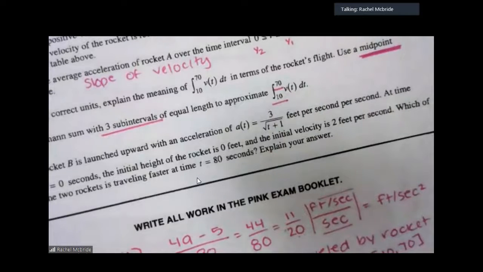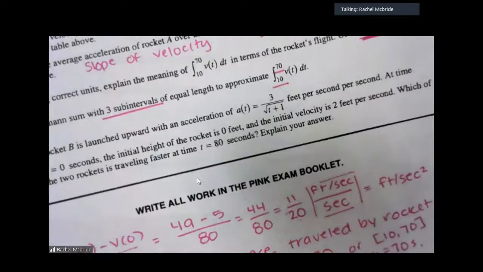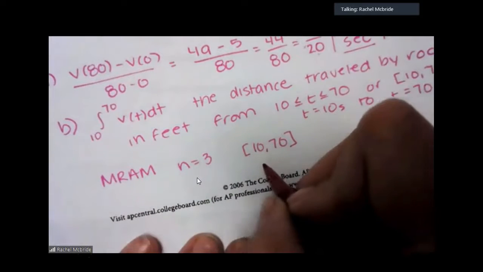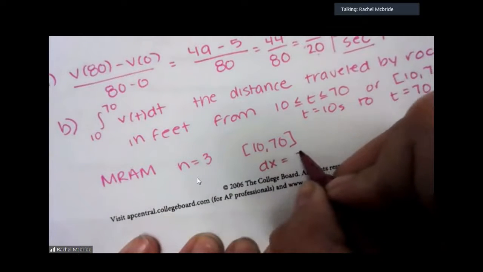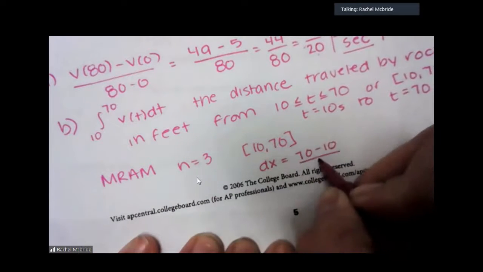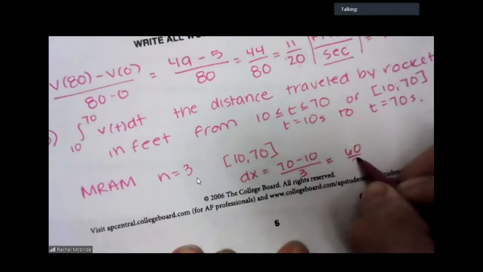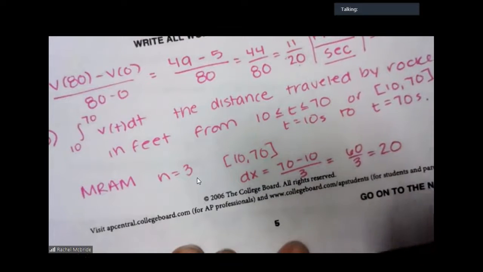So that's my A and B. My dx is equal to 70 minus 10 over 3, or 20. So my dx is 20, that's the width of each rectangle.